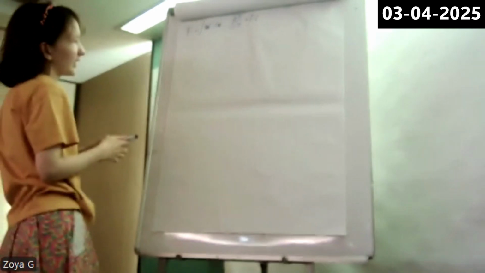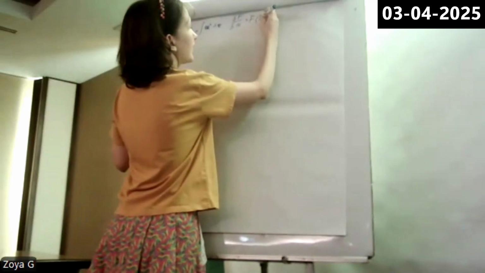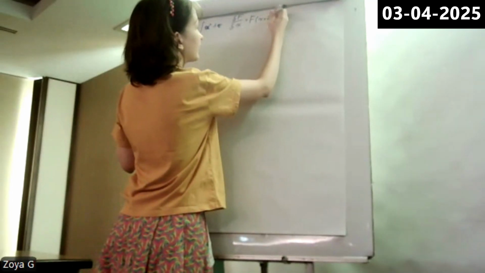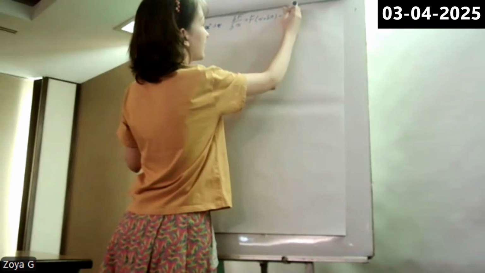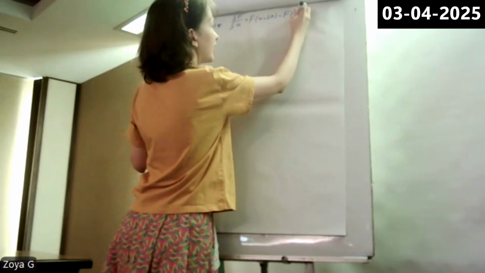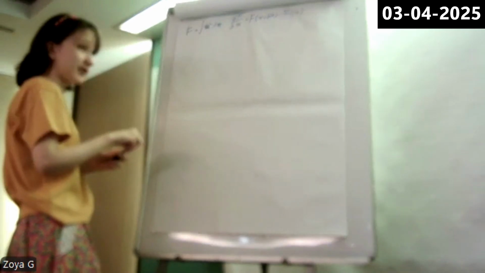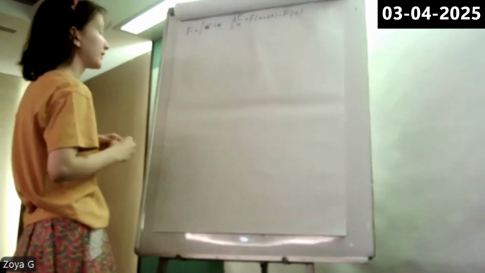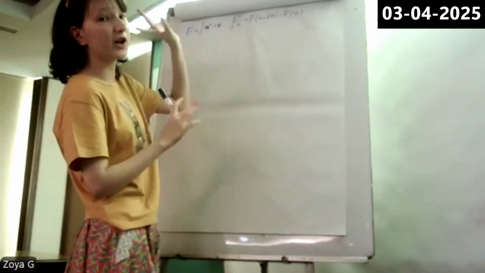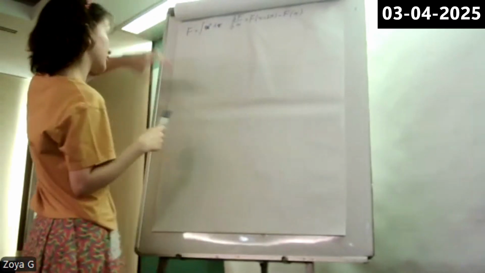F of x plus var x minus f of x. x is also a function. It just happens to depend on t. It just happens to not be one of the variables that we're used to being functions, right?